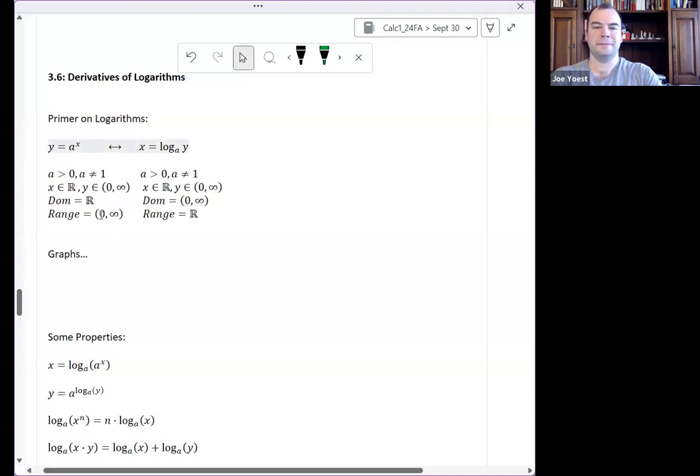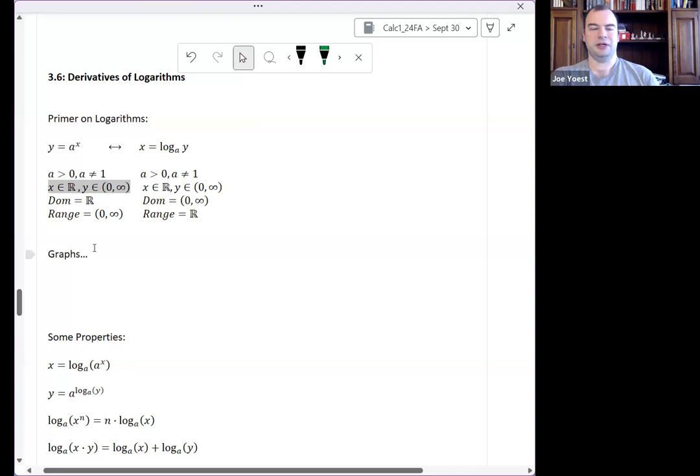But here we go. So if we think back to our exponential functions, we have functions like y equals a to the power x. Here a is positive and not equal to 1. We call a the base, and of course x the exponent. We let x be any real number.